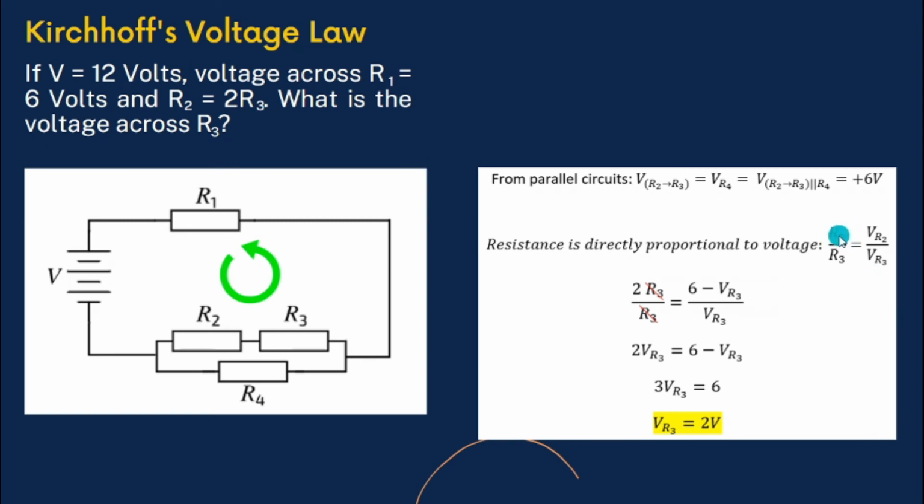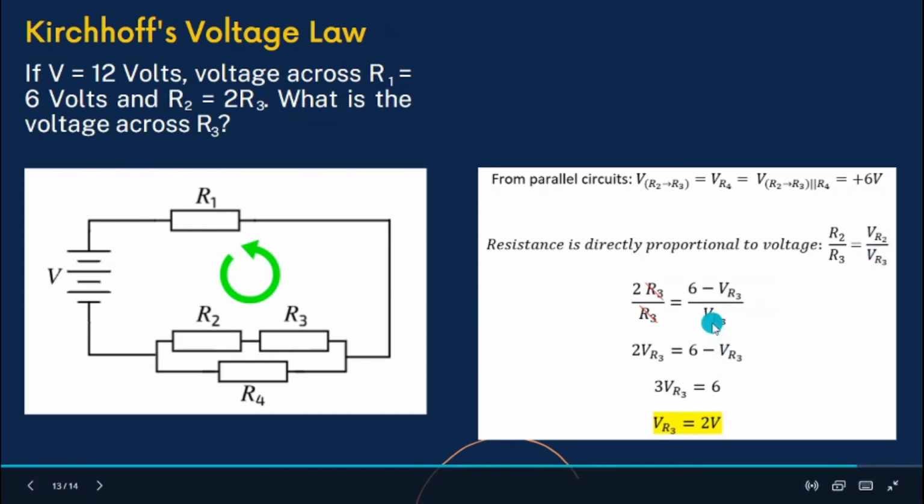We substitute here, so replacing with 2R3, the R3 cancels out. The voltage of R3 plus the voltage of R2 should equal 6 volts since this is parallel. So VR2 is equal to 6 minus VR3, whatever the voltage of R3 is subtracted from 6 volts. That is the value of VR2.